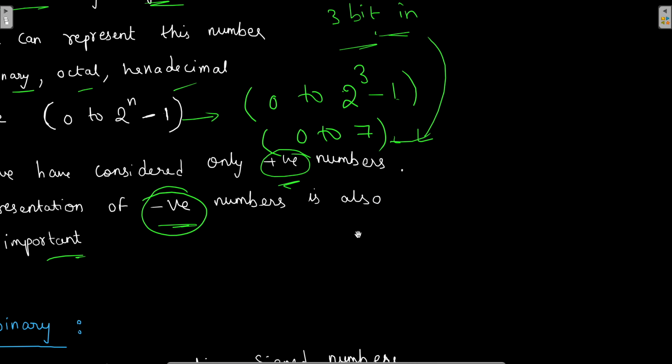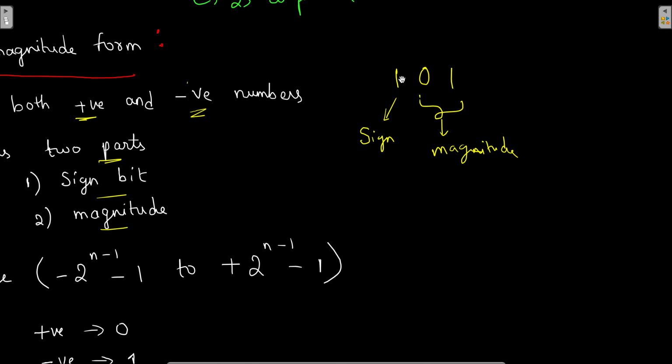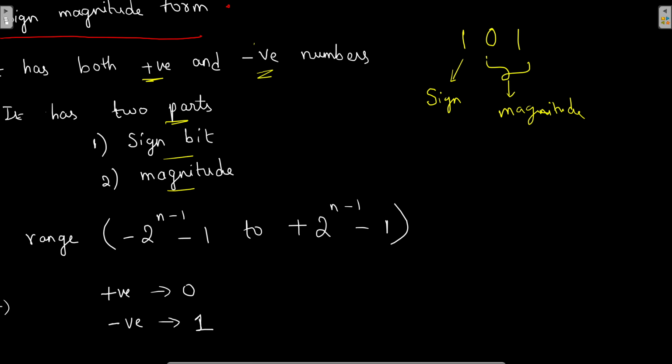When we consider this in sign magnitude form, the first bit represents the sign and the rest is magnitude. The sign bit 1 is considered negative, and when the sign is 0 it is considered positive. So this is minus 1, with magnitude 1. If I change the sign to 0, the value is positive, and the magnitude 01 means 1.